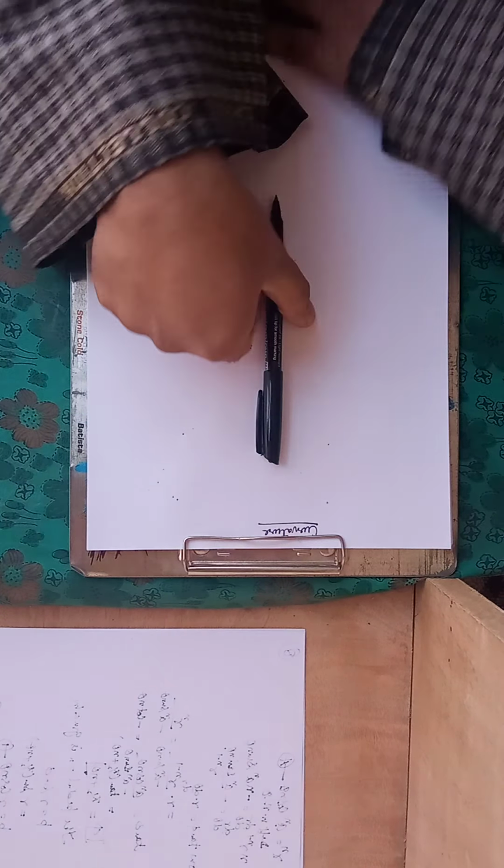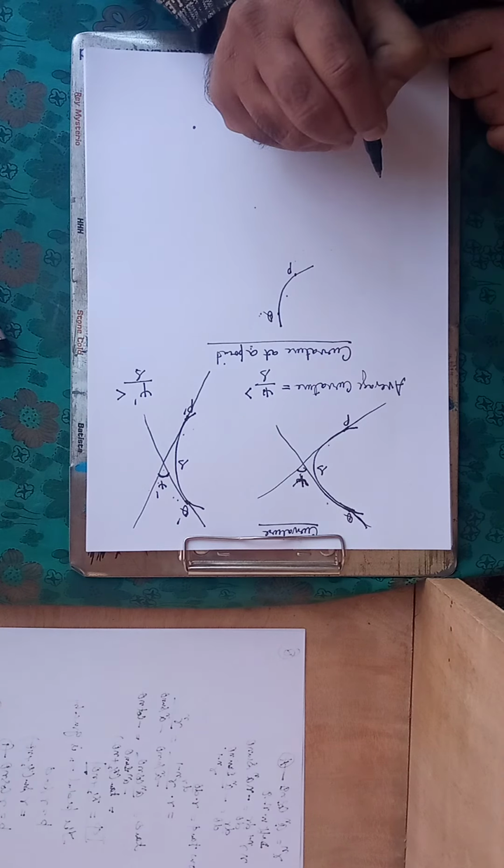Now what is curvature at a point? This was curvature of a curve. Curvature at a point. See, let me define it now. Let me take a curve PQ, and let P and Q be 2 points on this curve.